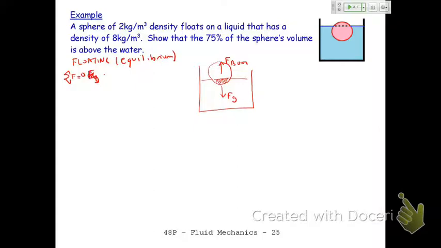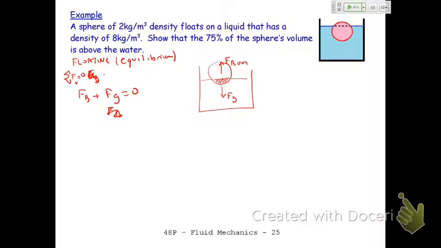So the sum of the forces vertically must equal 0. So my F buoyant plus my Fg must equal 0. So my F buoyant must equal, well, that's enough. Let's just leave it like that for the minute. So then I say, oh, okay.